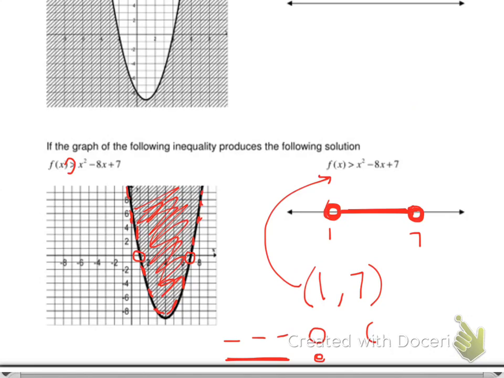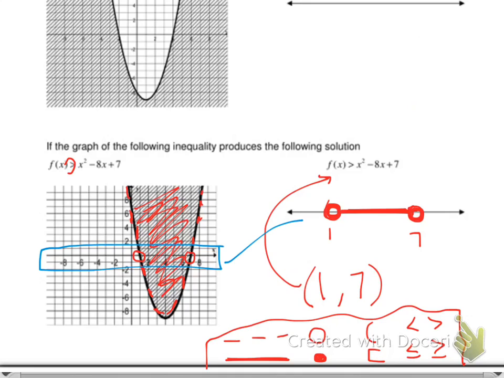Solid line, closed circle, bracket. This one would be less than or greater than, and this would be less than or equal to, greater than or equal to. That's the difference. If you still don't have this little chart down, you need to do that. Essentially what you do is you graph the inequality, then you look at the x-axis, and then you use that to help you find the solution.